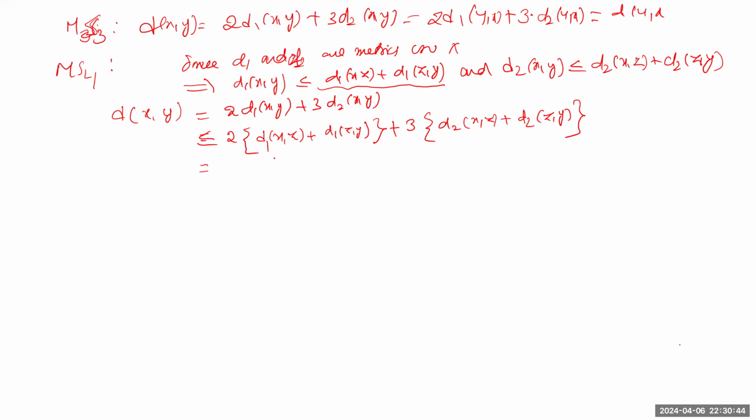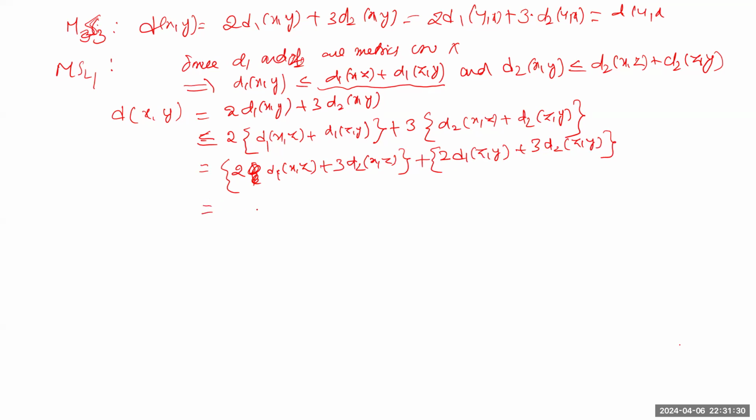So I can separate that: 2 d1 of x comma z plus 3 d2 of x comma z, plus 2 d1 of z comma y, plus 3 d2 of z comma y.